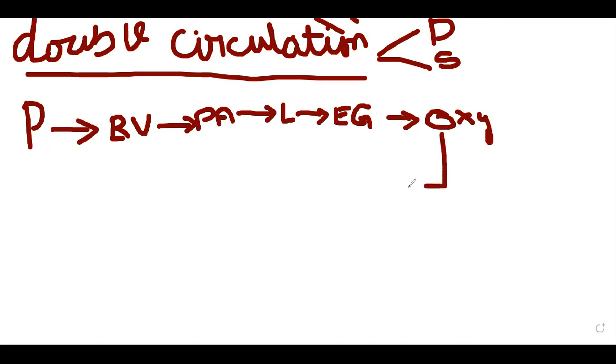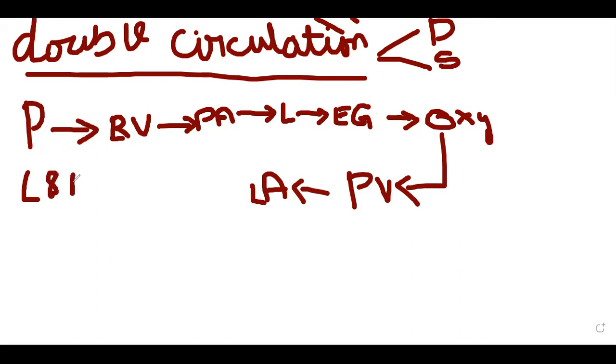This oxygenated blood enters the pulmonary veins. Through the pulmonary veins, it enters into the left auricle. Therefore, the exchange of gas between lungs and the heart is said to be pulmonary circulation.